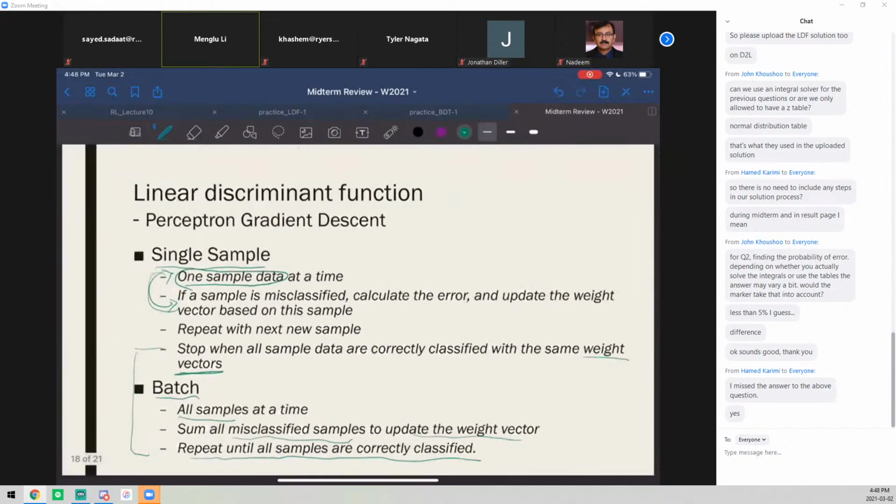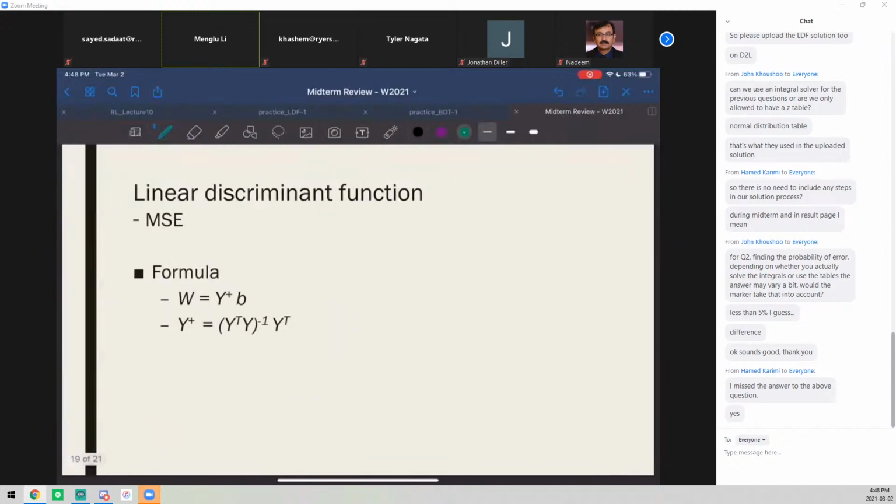So this one is for the perceptron gradient descent. And for the MSE, the formula is just this one. And we replace the y plus by this part.